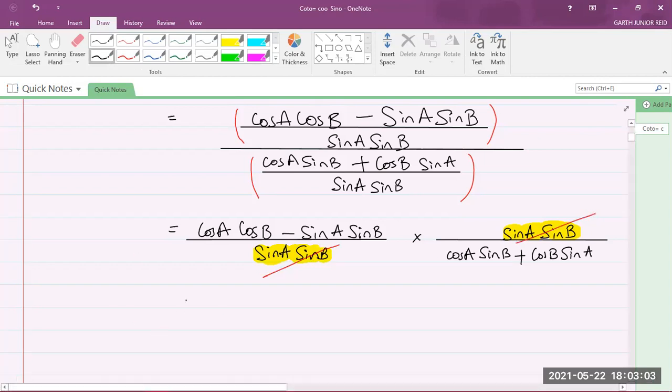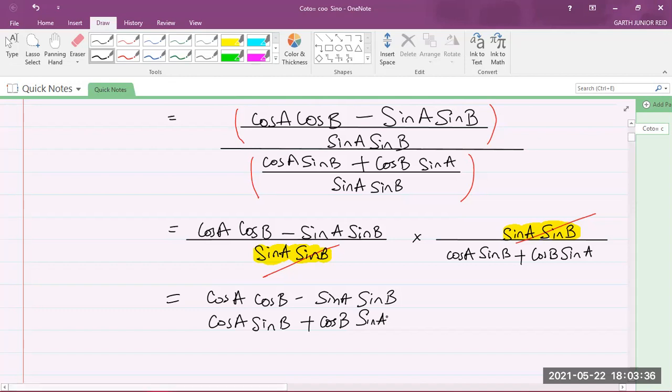What I'm left with is the cos of A times cos B minus sine A sine B, and I'm dividing that by cos A sine B plus cos B times the sine of A. That is what we have.